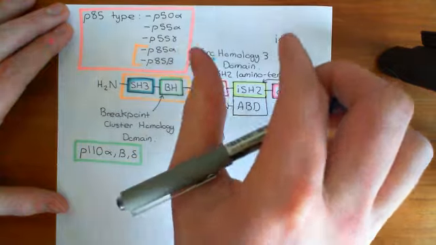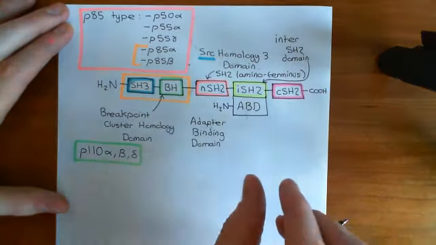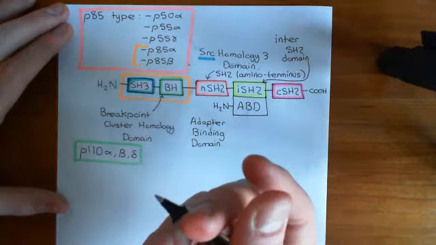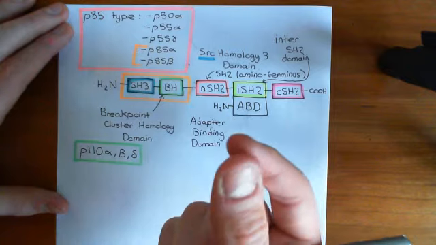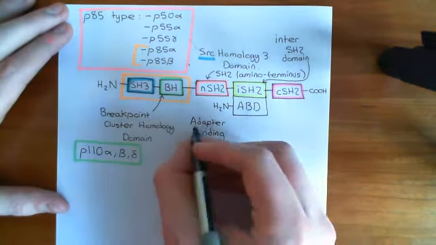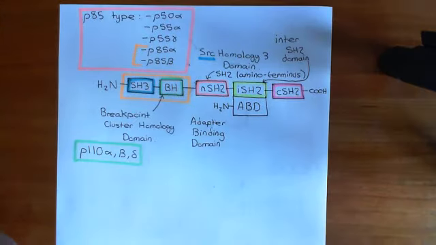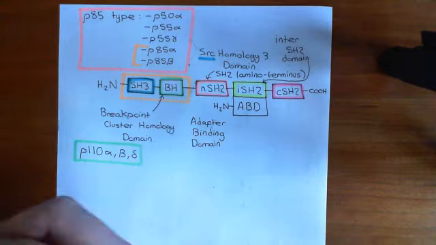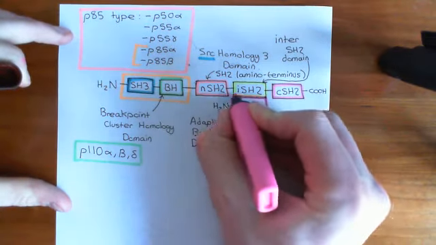It's a protein whose job it is to bind to the receptor tyrosine kinase and then bind to the catalytic subunit, which is the target of the receptor tyrosine kinase. So it's just an adapter protein sitting in between those two interacting proteins. So that's why this is called the adapter binding domain, because it's the domain which is going to bind to this adapter protein here. Okay, so here it is, the ABD.